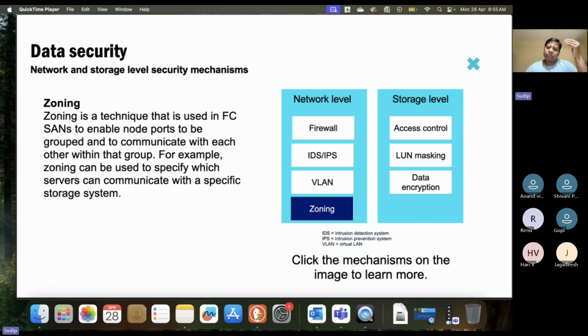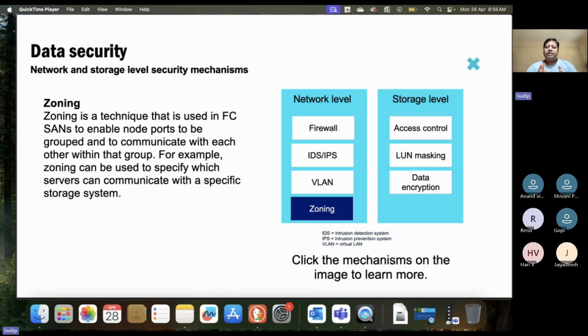So the same concept of VLANing, which we understood now, which is broadly applied in Ethernets, which is TCP/IP protocol, the same thing getting implemented in fiber channel protocol, we will call it zoning. The same concept, just logical segmentation of the network at the switch level.